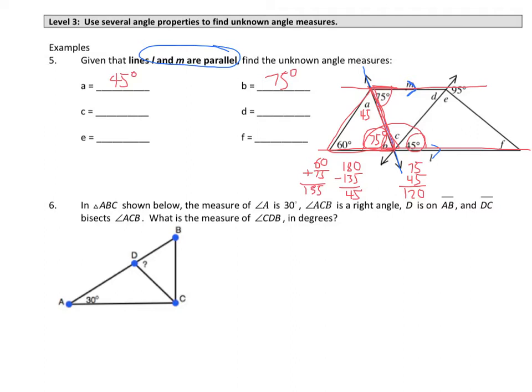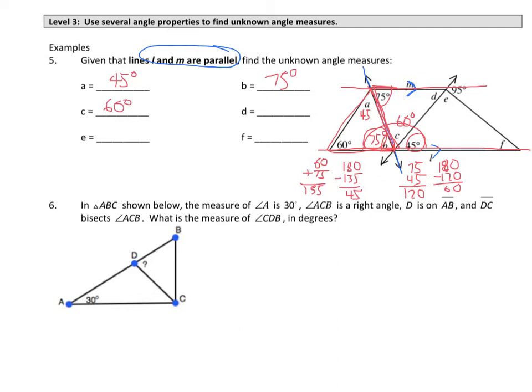And then I can subtract 180 minus 120, and we get 60 for this angle right here. So angle C is 60 degrees.